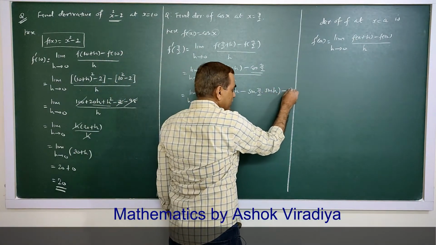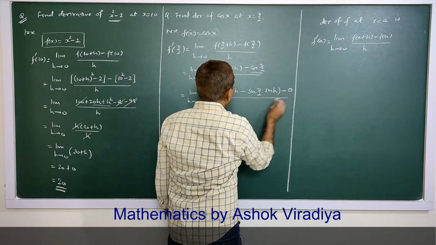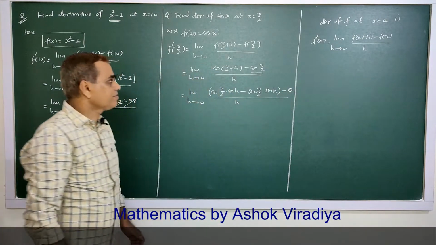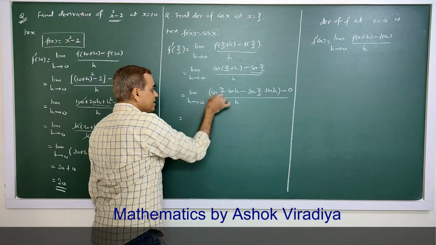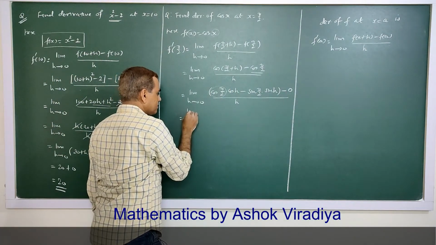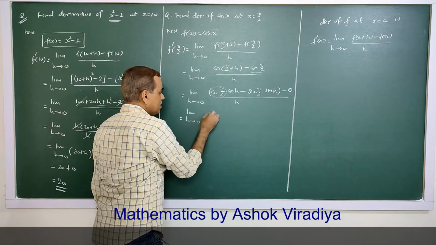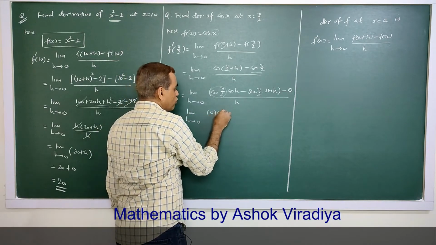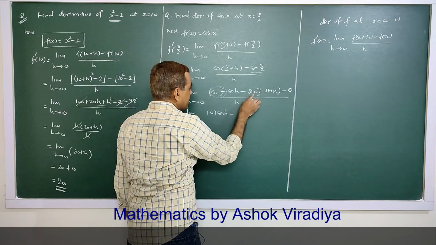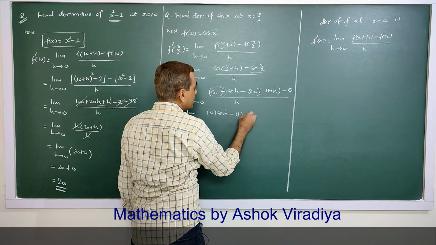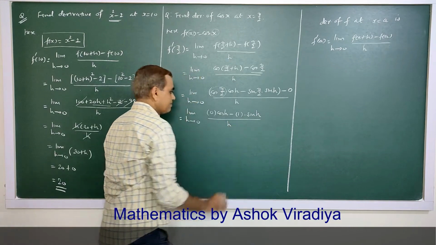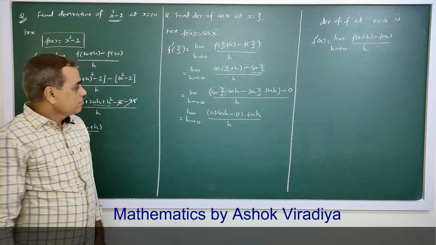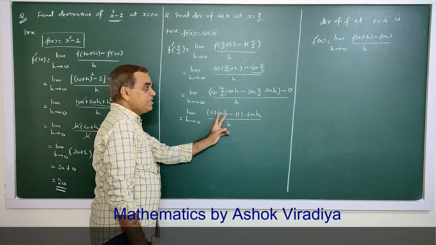Cos pi by 2 is 0 upon h. Now again this is 0. So 0 into cos h minus sin pi by 2 is 1, 1 into sin h upon h. 0 into anything is 0.